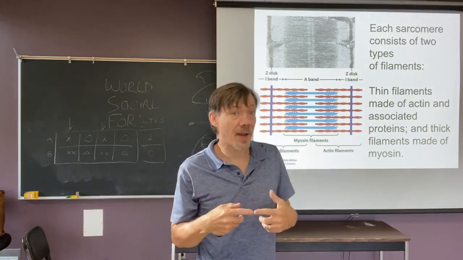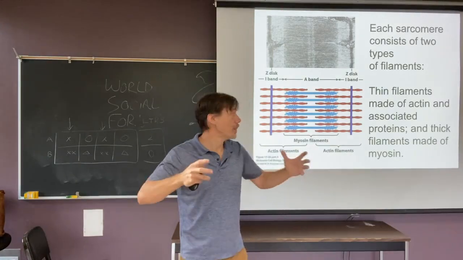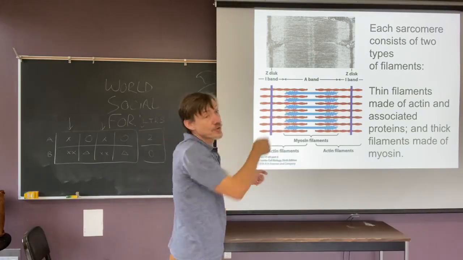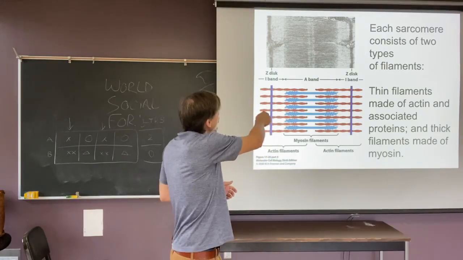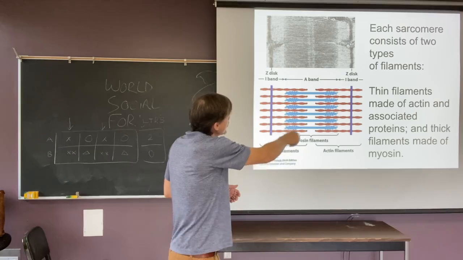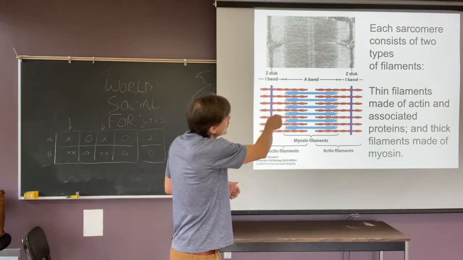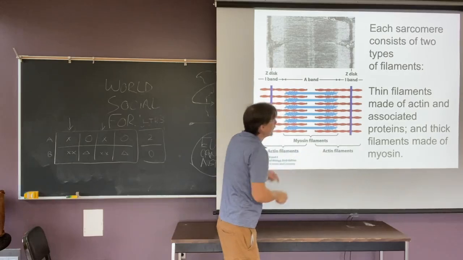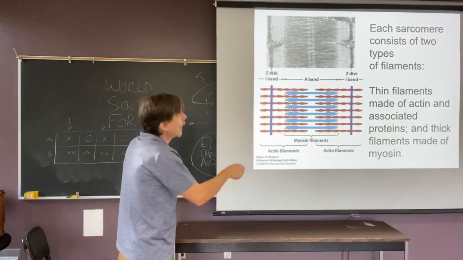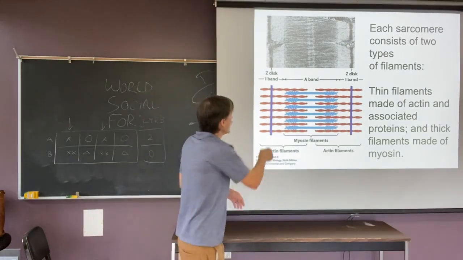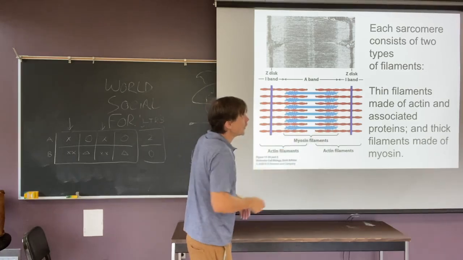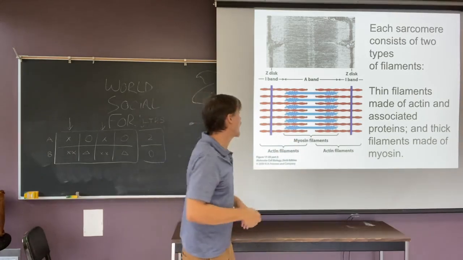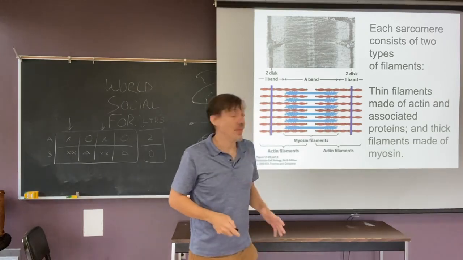These are many myosin molecules that have been bundled together into a long fiber. When we look at this electron micrograph at the top, these dark bands here are the Z disc, and you can see these darker lines in the center. These are the myosin filaments. Generally people call the actin filaments thin filaments, and the myosin filaments thick filaments, and it's based solely on their size.